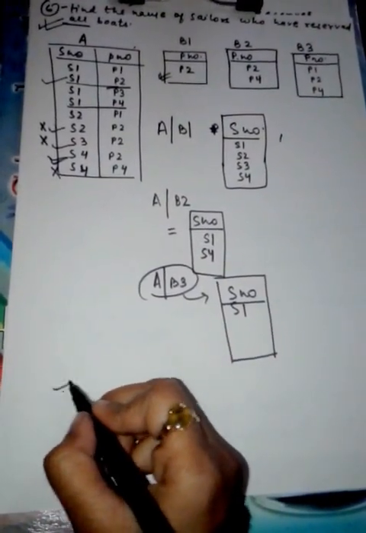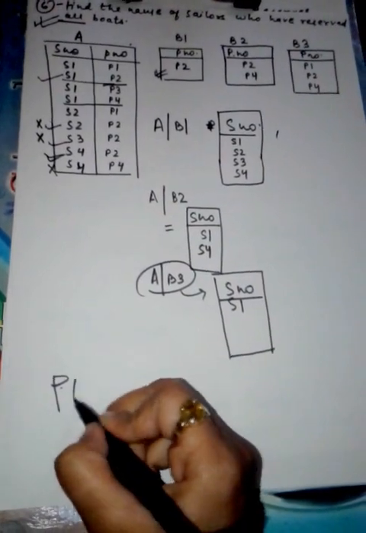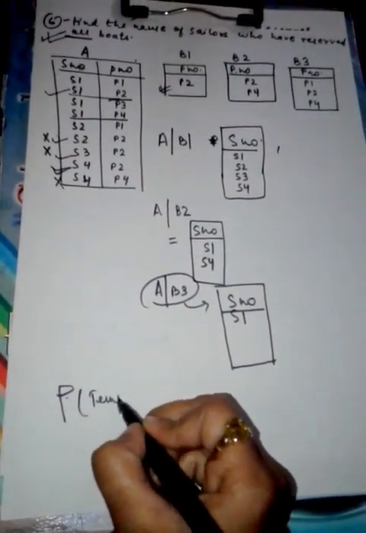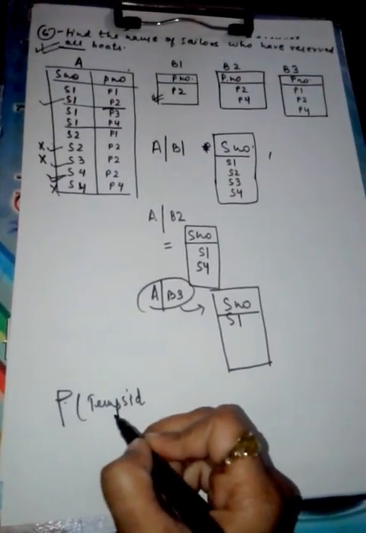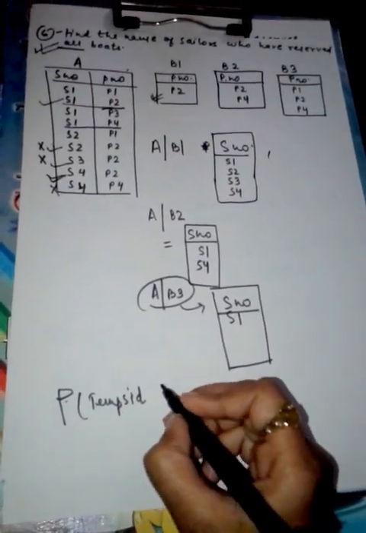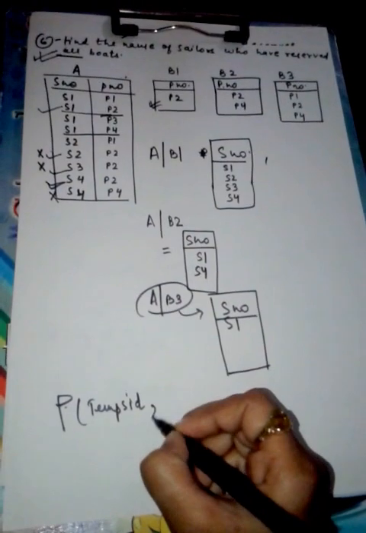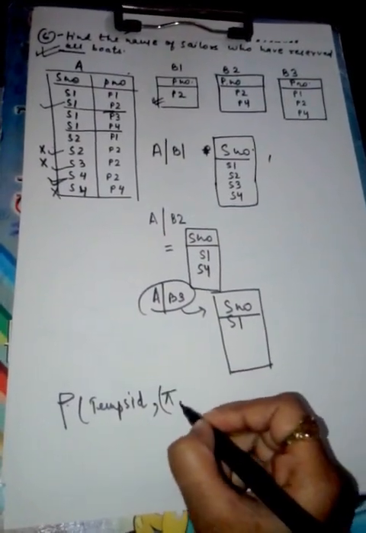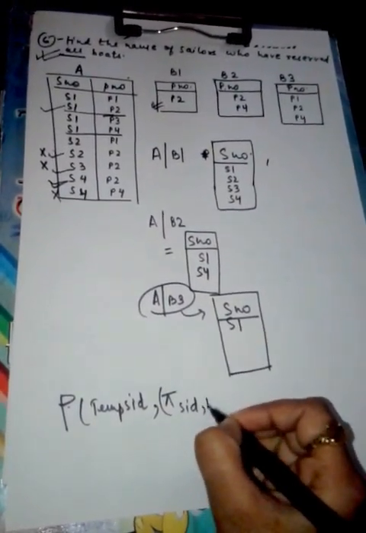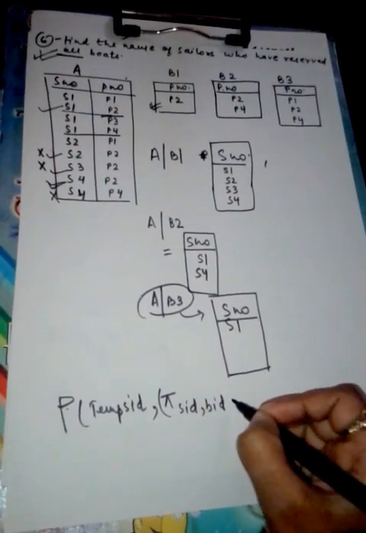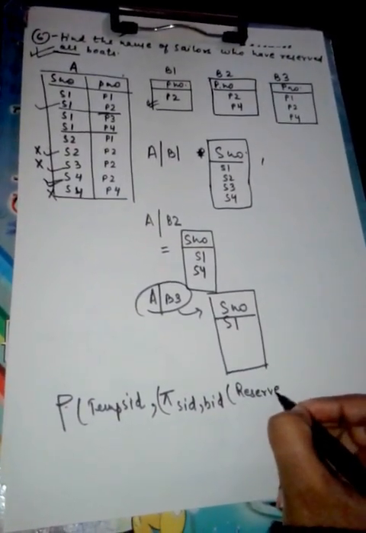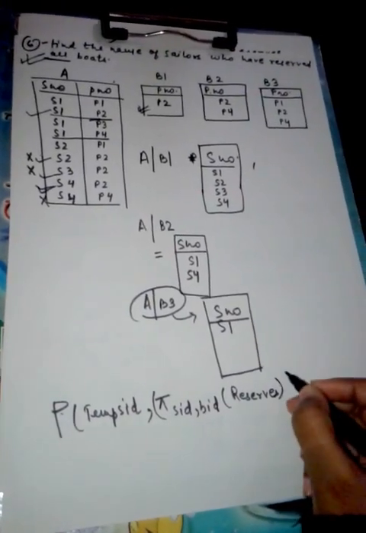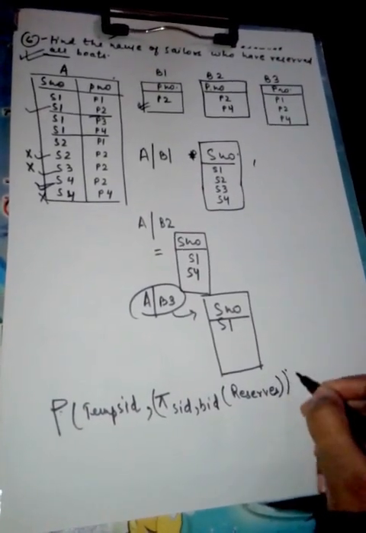So we will write rename. This is the name which we are taking here, temp seller IDs, which will project seller ID and boat ID from the reserve table. Then it will be divided.